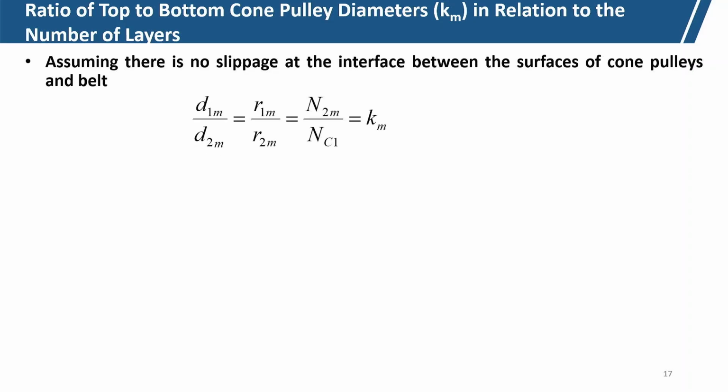This is the relationship: D1m by D2m. For the mth layer, the diameter of the top cone pulley by the diameter of the bottom cone pulley equals R1m by R2m, the radius ratio, which is equal to N2m by NC1, which is constant. NC1 is the top cone pulley RPM, and N2m is the RPM of the bottom cone pulley at that time, which is equal to Km.